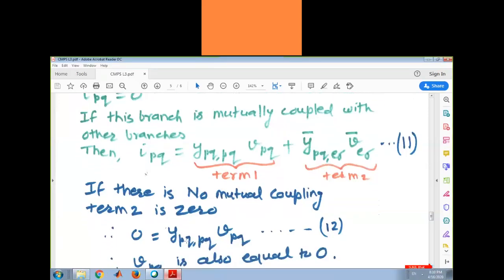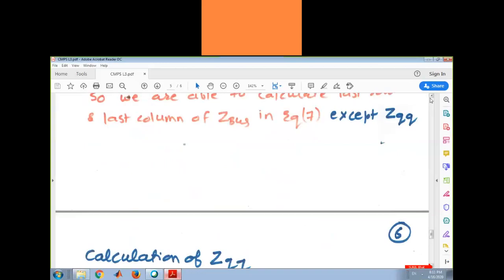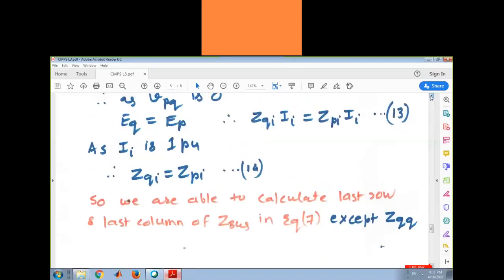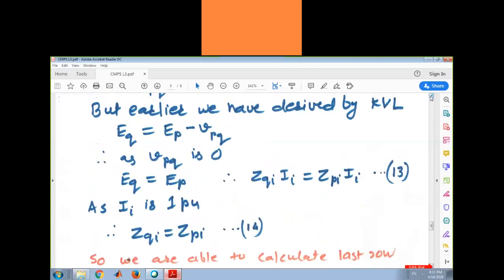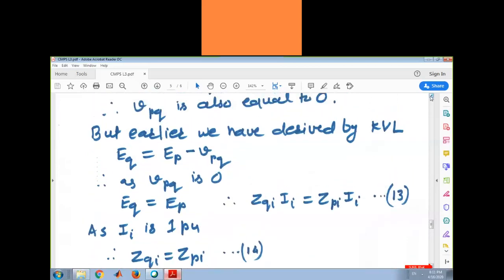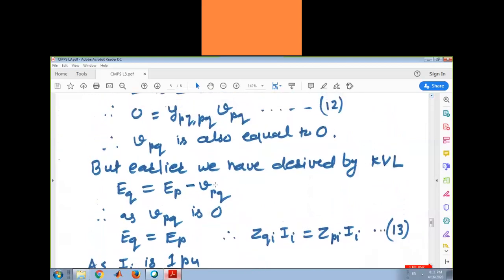So 0 is equal to YPQPQ into VPQ. So IPQ is 0, there is no current flowing. So VPQ is also 0 because YPQPQ cannot be 0. But earlier we have got EQ is equal to EP minus VPQ.